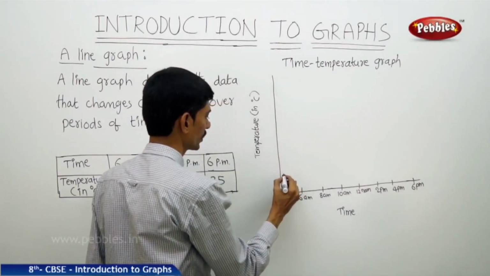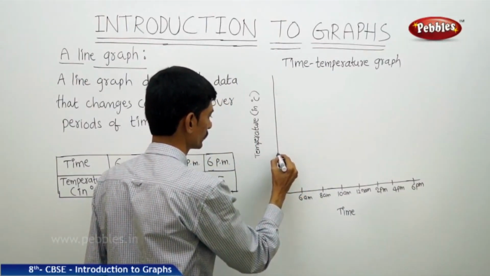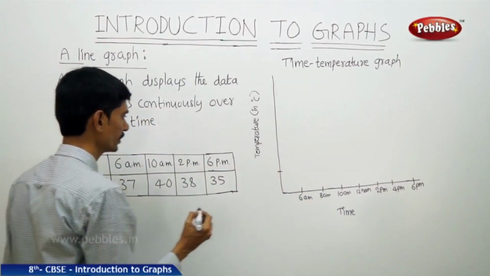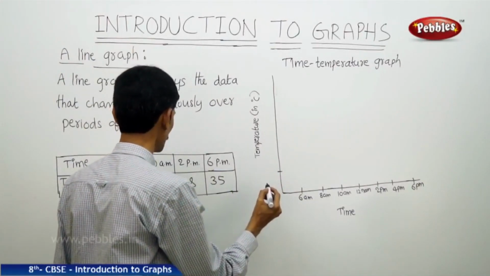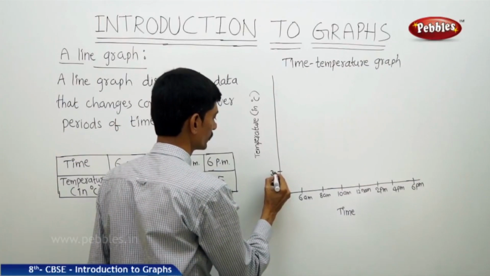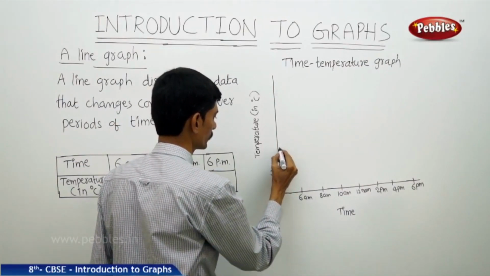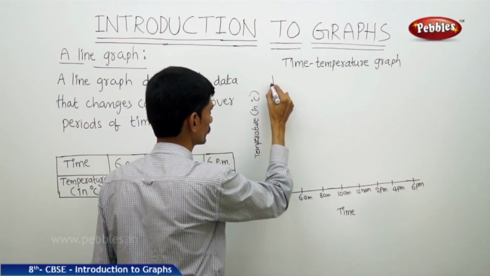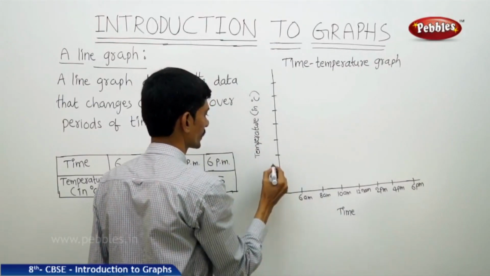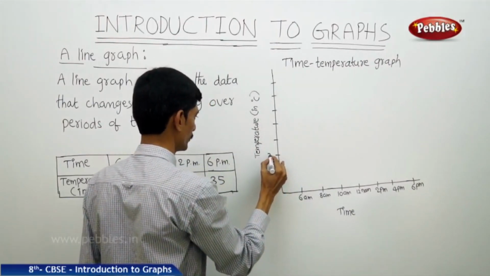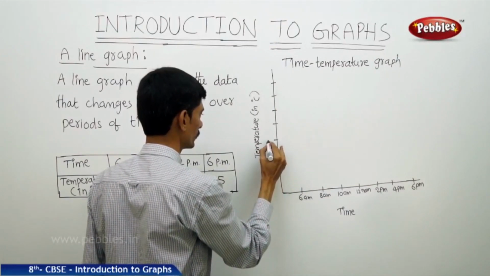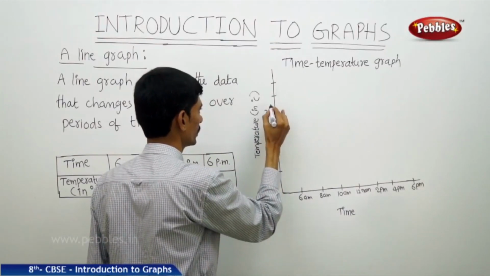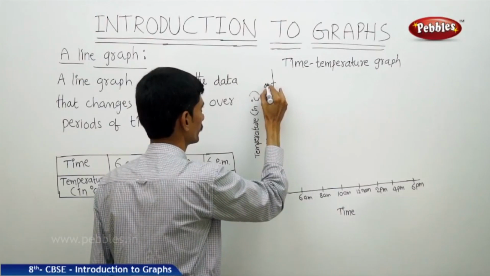On the vertical line, the y-axis, we will take the temperature in degrees, starting from 30, then 32, 34, 36, 38, 40, then 42.